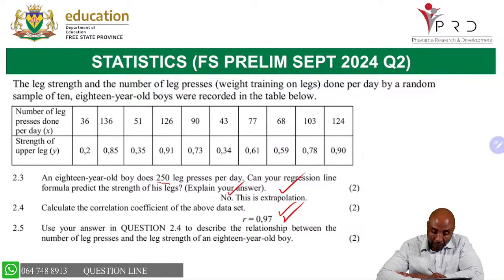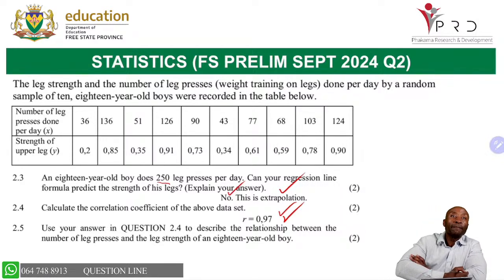So question 2.5, we are supposed to use the answer in 2.4 to describe the relationship between the number of leg presses and the leg strength of an 18-year-old boy.